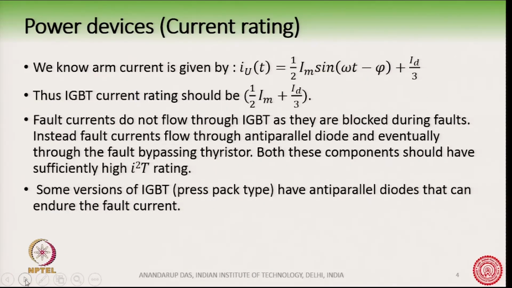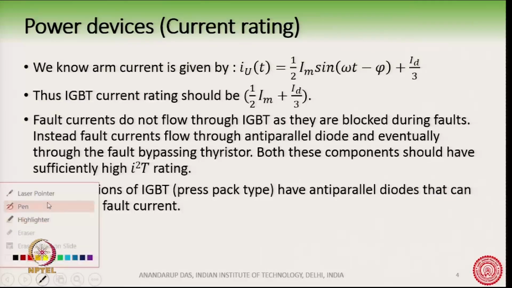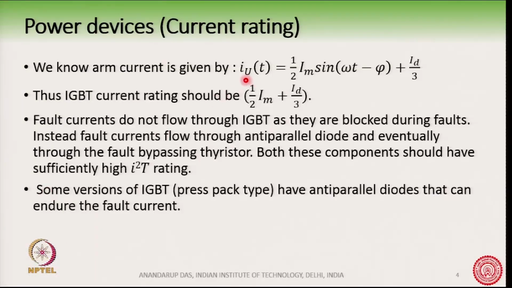Now, if you see the current rating of the power devices, the arm current is given by this formula, and so the IGBT current should be at least of this rating. At least this much current rating should the IGBT be selected in the arms.